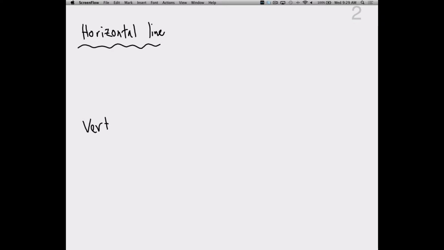Versus a vertical line. Go ahead. It's like for a horizontal line, it's x equals some number, and for vertical, it's y equals something. Are you sure? Or is it opposite? Are you asking me or telling me? No, I'm confused. Yeah. So what's the equation of a horizontal line?